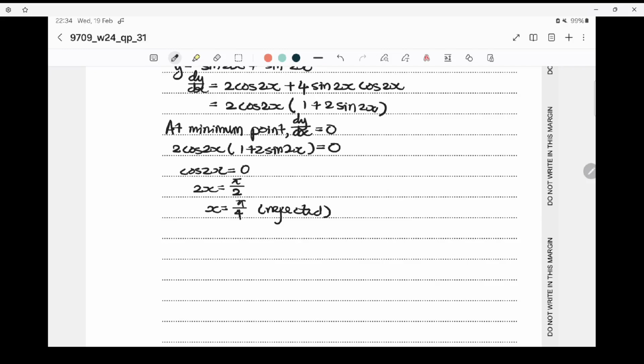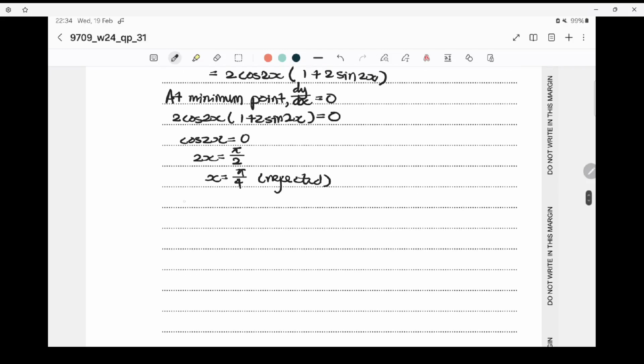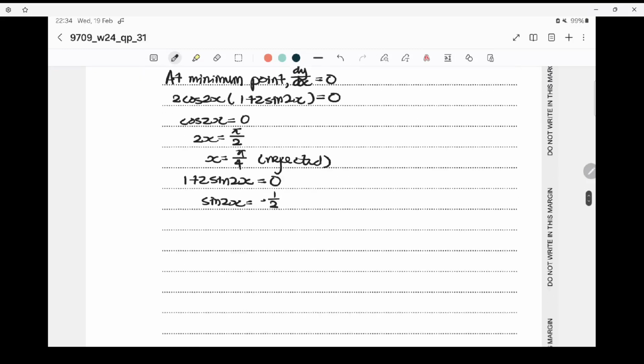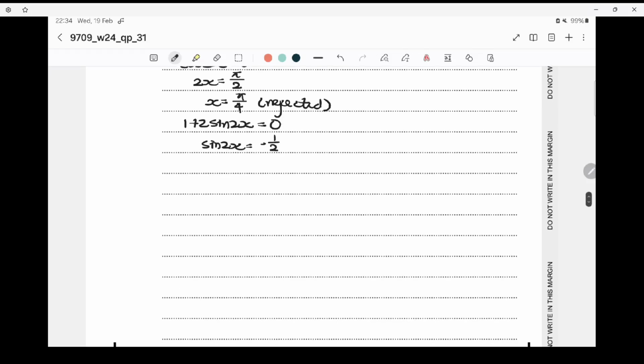Okay. So the other term will be 1 plus 2 sin 2x equals 0. So sin 2x equals minus half. So that happens when your angle is in the third quadrant. That's the closest one.